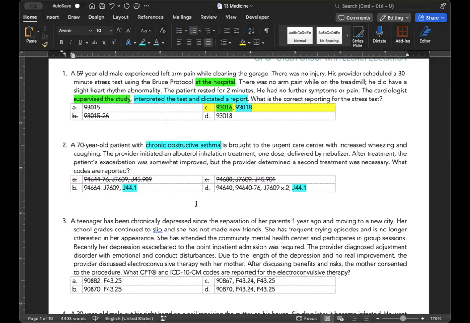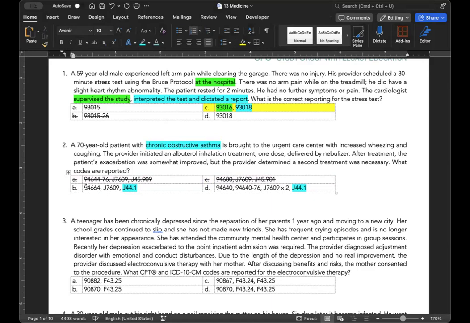So now let's look at our CPT codes. So we have 94640 twice and 94664. So those are pretty close together.